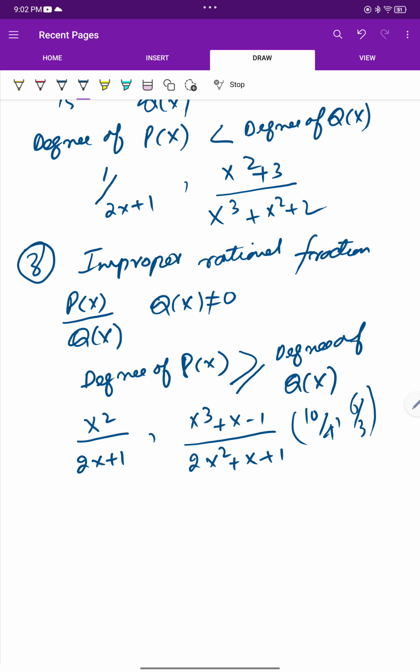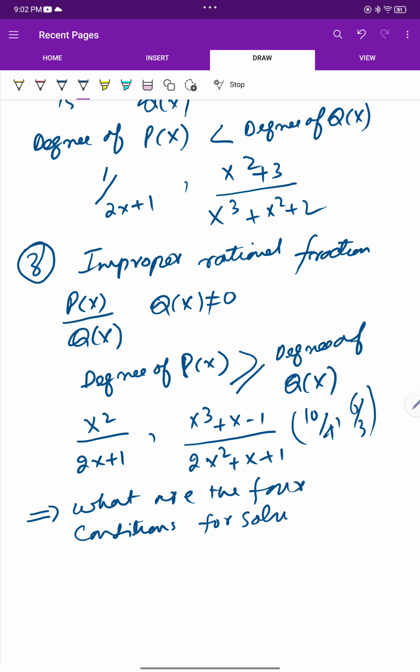So what are the four conditions for solving partial fraction?